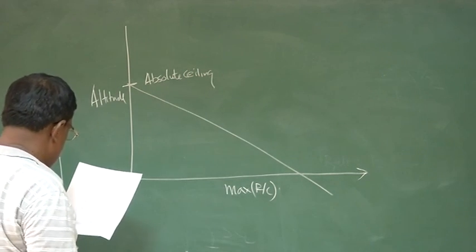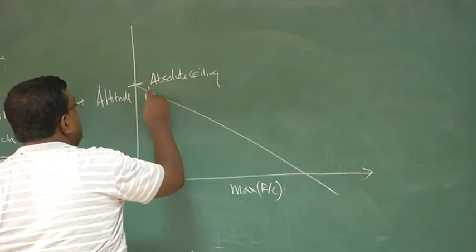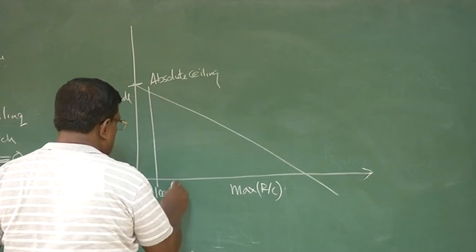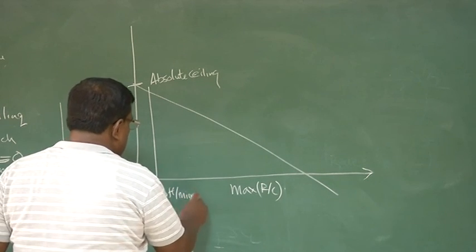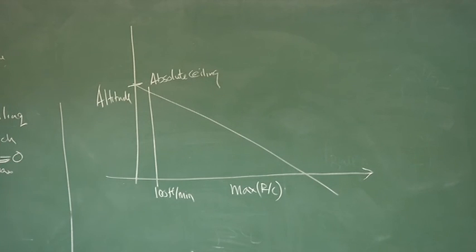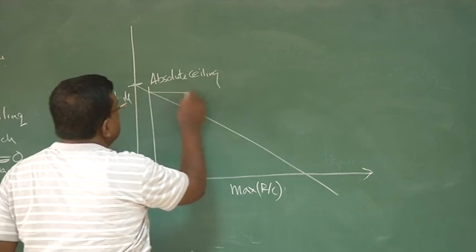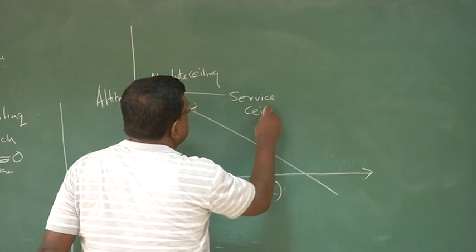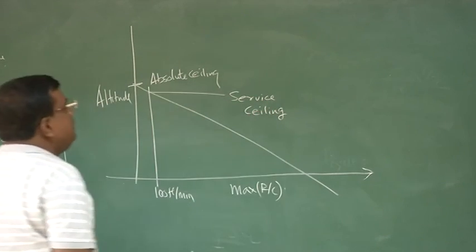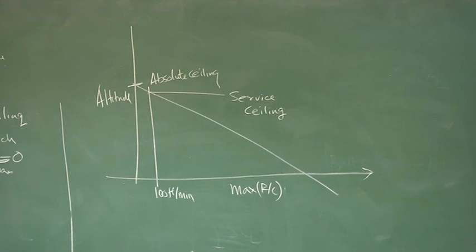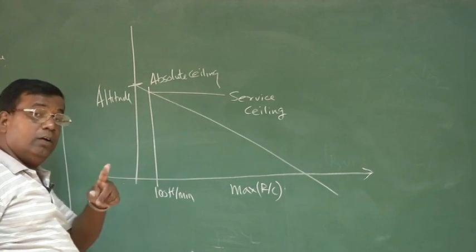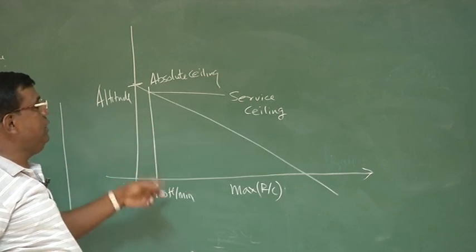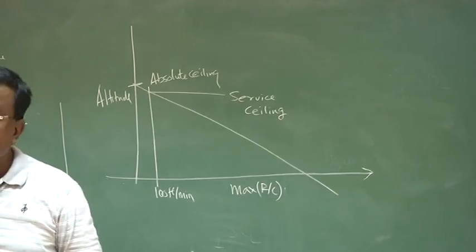And for practical purposes, we define an altitude which is called service ceiling. Service ceiling is that altitude at which the maximum rate of climb is not 0, but it is 100 feet per minute. For all operational purposes, we use service ceiling, not absolute ceiling.